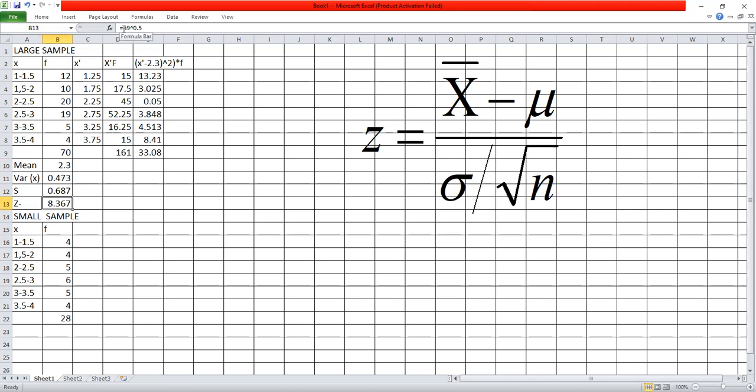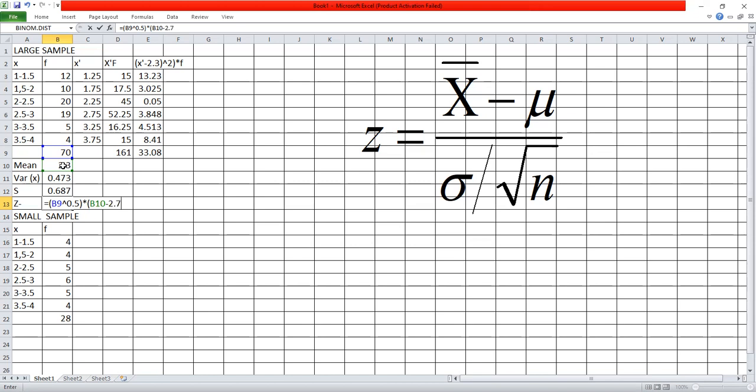The square root of 70. I need a bracket here. Multiply this times 2.3 minus 2.7.